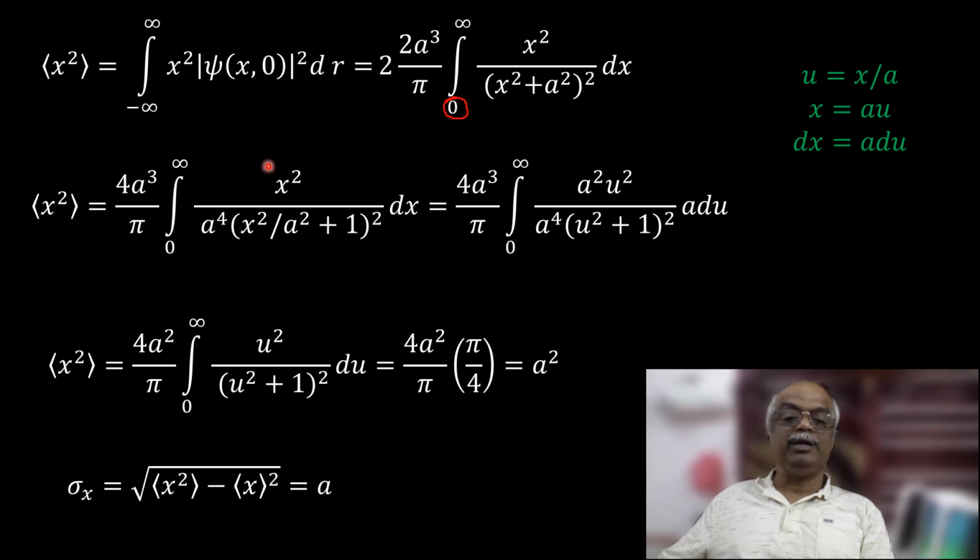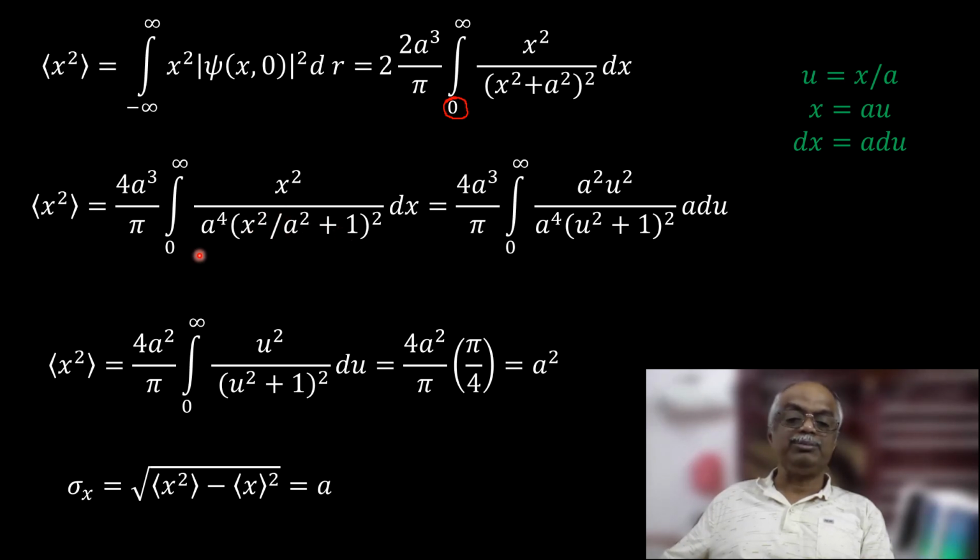Now I am going to substitute. See here, this 2 into 2 will become 4. So you will get 4a cubed divided by pi. And here I am taking a squared outside, so this will become a to the power 4. Then this will be x squared over a squared plus 1.